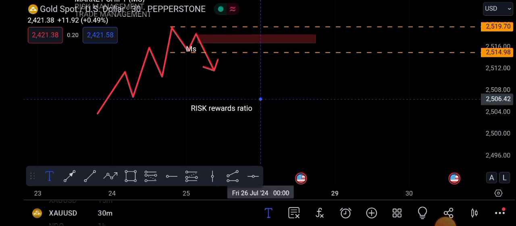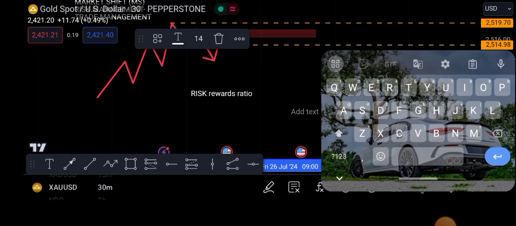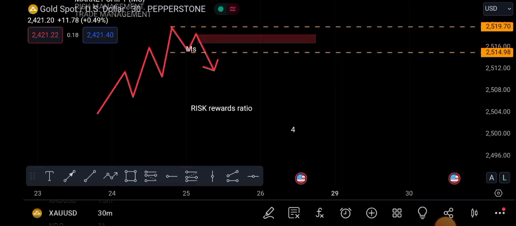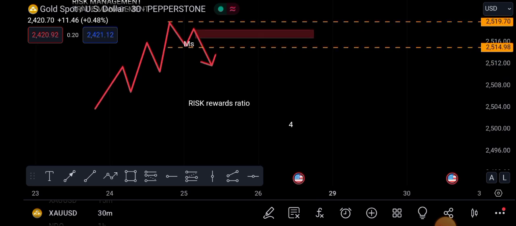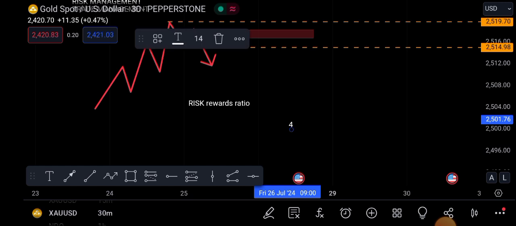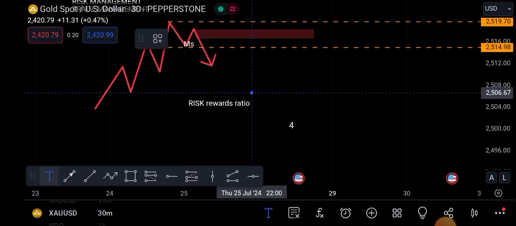Maybe you took 4 trades a day. Let's check how profitable making use of risk reward is. You were risking $10, and let's say you lost 2 trades out of the 4 trades that you took for the day. Let's check it out.